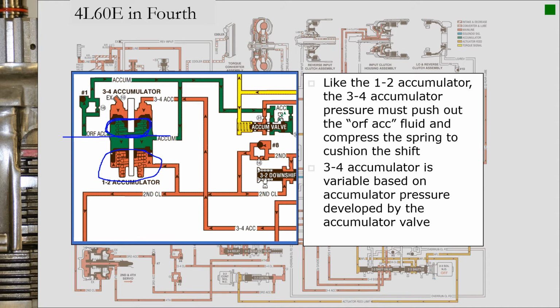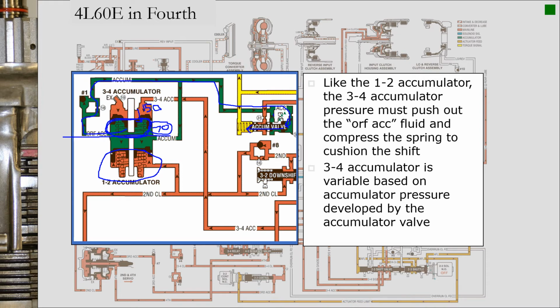So whatever accumulator fluid pressure I have in here, let's use that example earlier. If I had 70 psi of accumulator fluid pressure in there and I got 150 psi of line pressure coming in, the 150 psi is going to try to raise the 70 psi side up to 150, but it won't be allowed to do that, because that pressure is going to come around, work on the reaction area of the accumulator valve, and move that accumulator valve over to the left.